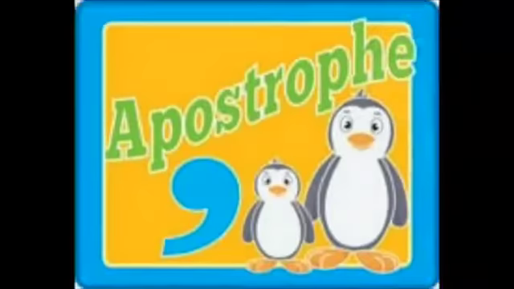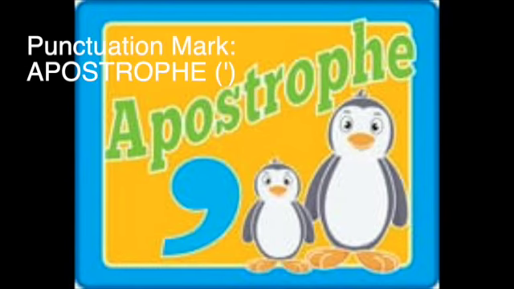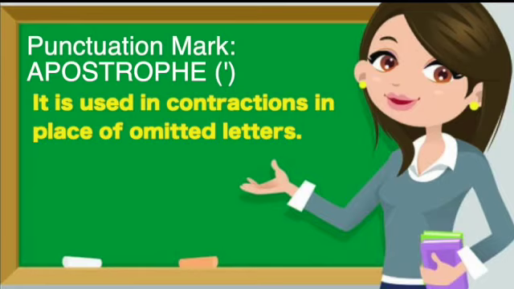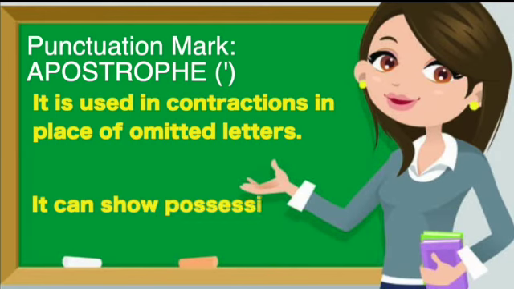The next punctuation mark is apostrophe. An apostrophe has two very important uses. Firstly, it is used in contractions in place of omitted letters. Secondly, it can show possession.